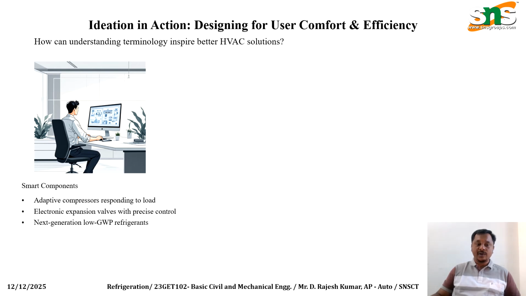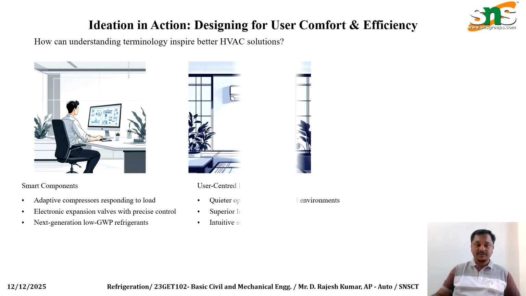So accordingly, the compressor should be operated. Then the electronic expansion valves with precise control. Then the low GWP refrigerants. Yes, because the components should be smart enough to operate according to the conditions.